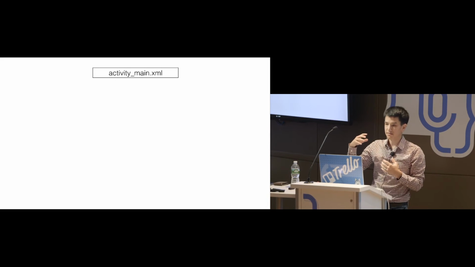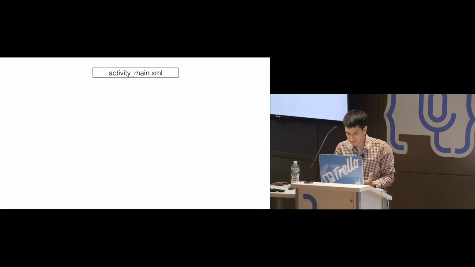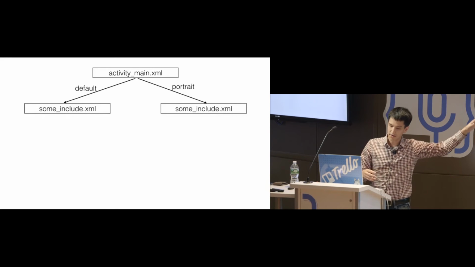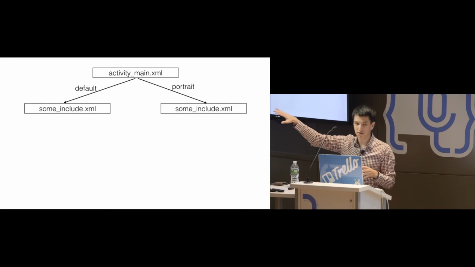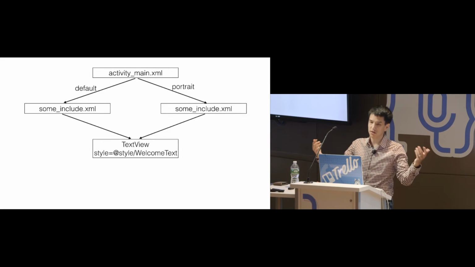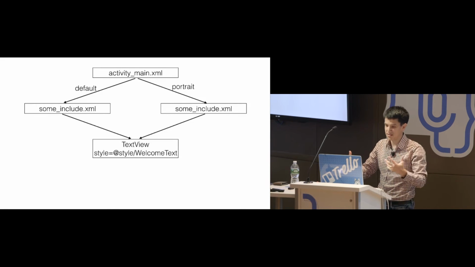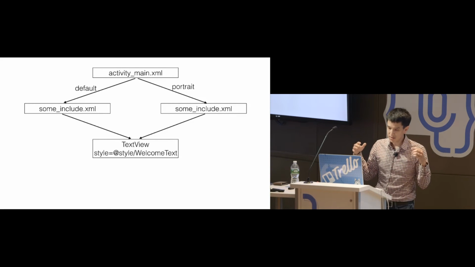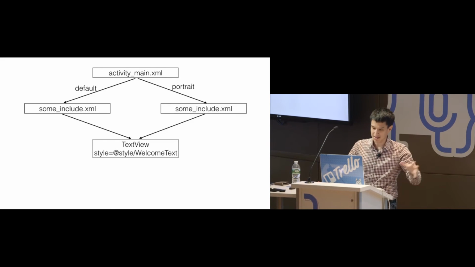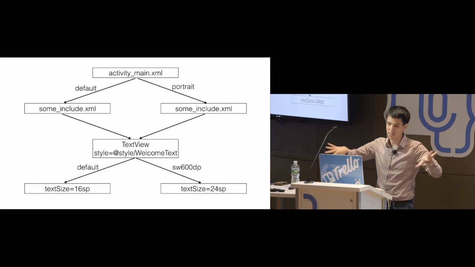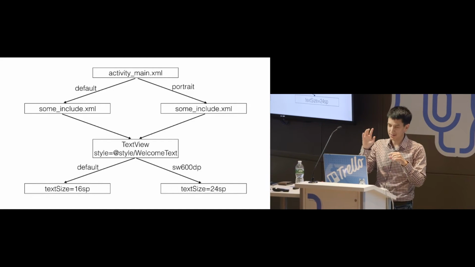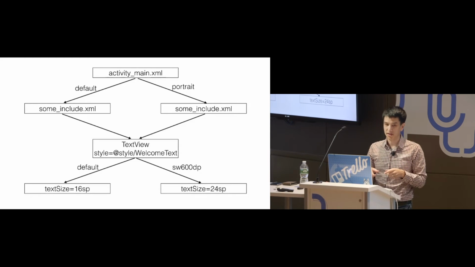So I might have at my top an activity main, and there's sort of a decision tree here. By default, it's going to include some include versus another include that depends on it being in portrait orientation. And then both of those includes happen to include a text view, which represents the same thing. It has a style applied to it that's a welcome text, and that welcome text style itself has some text size that's determined based on the width of the screen.